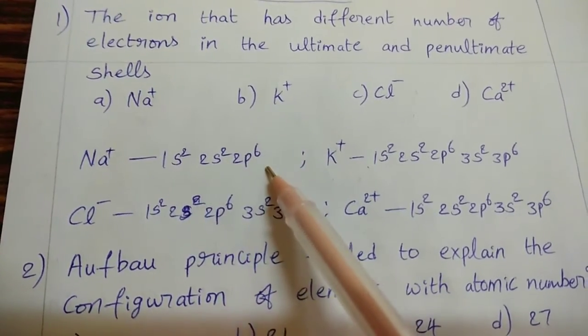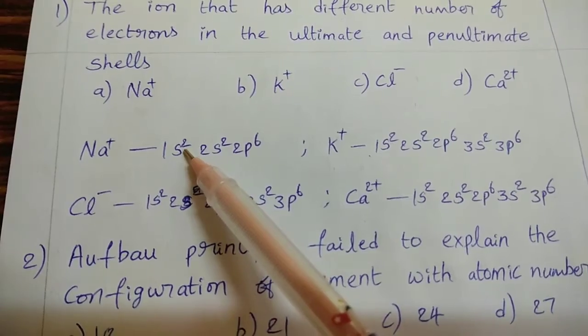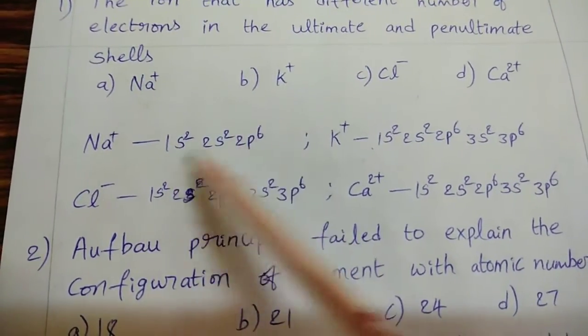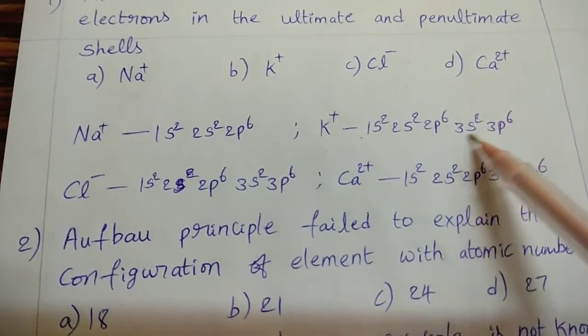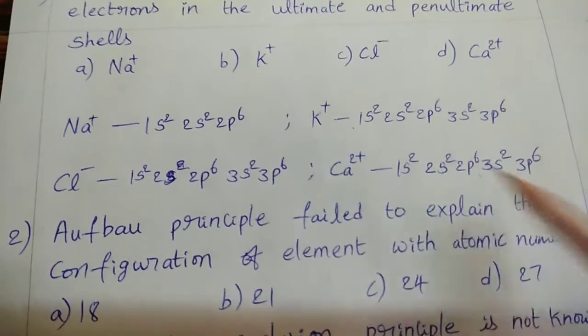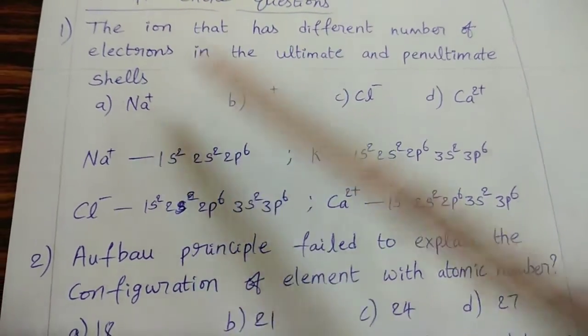This is the valency shell or ultimate shell: 8 electrons are there. Before it, the penultimate shell: in this 2 electrons are there. So 8 and 2 are different. In the remaining 3 ions, the valency shell and penultimate shell have the same number of electrons. So option A is the answer for this question.